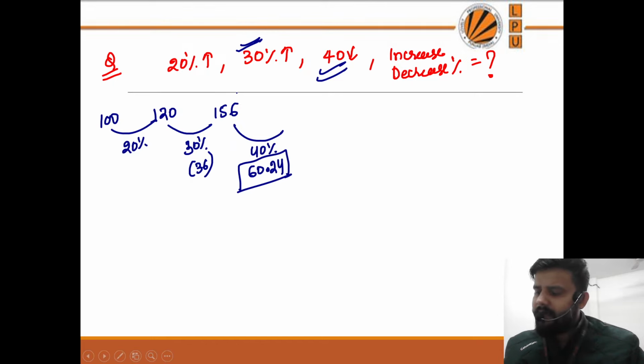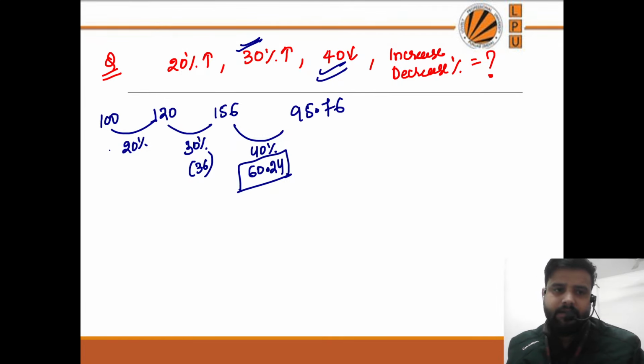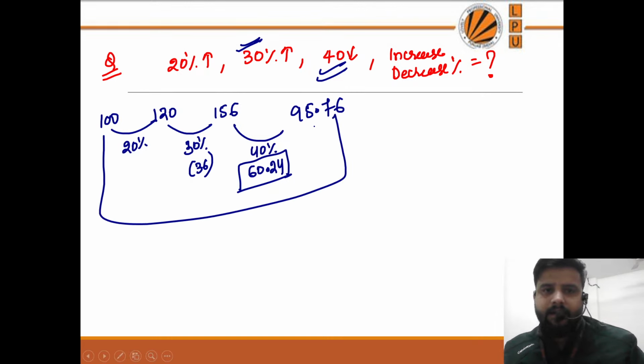So when you subtract 60.24 from 156, it is 95.76. So finally you are getting a lesser value. It means there is a decrease, and the decrease is of 4.24.